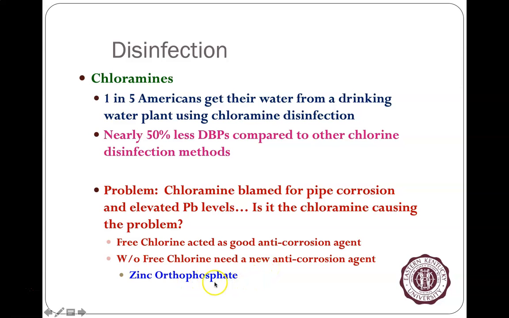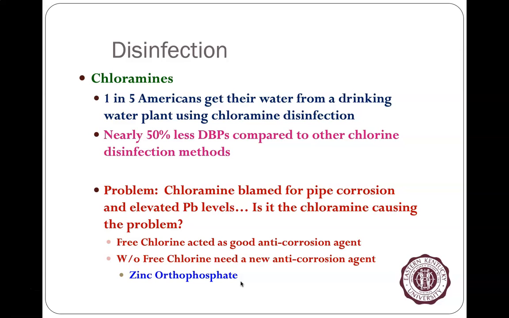There's a variety of phosphate-like chemicals that can be added to drinking water, zinc orthophosphate being one, where they're not associated with adverse health effects, and they help coat the interior of the pipe so that the pipe doesn't corrode away and the metals that are also in the pipe or on or around the pipe do not get into the drinking water.